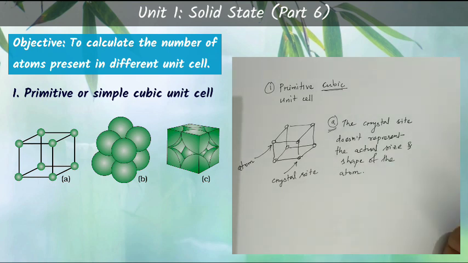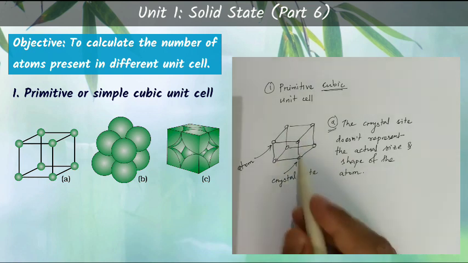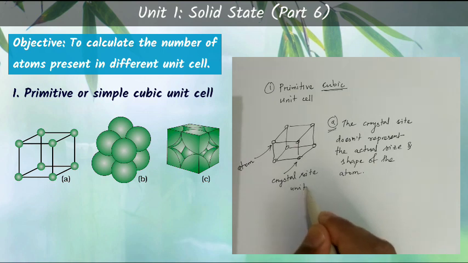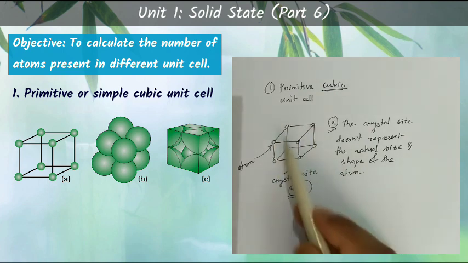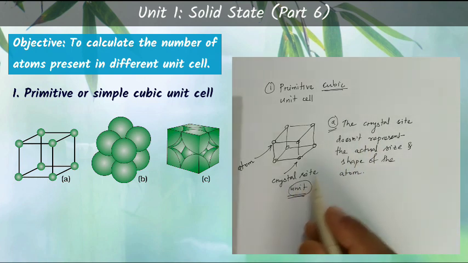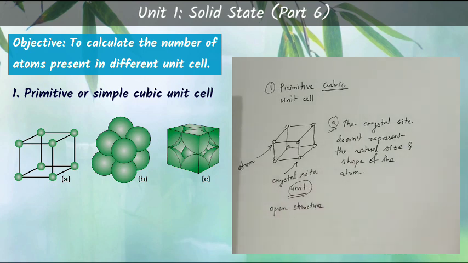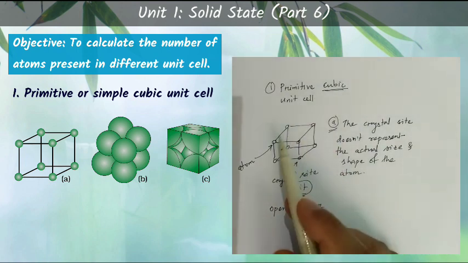So we need a different image of this. This is the unit cell, no? This unit cell which we represent by using some points, this representation is known as the open structure of this primitive cubic unit cell.